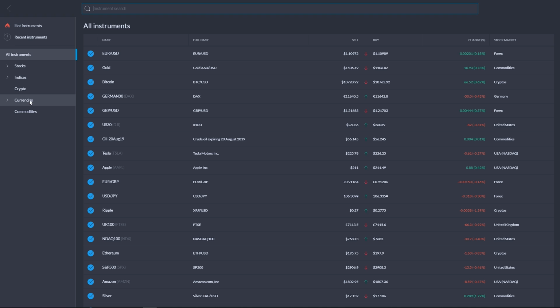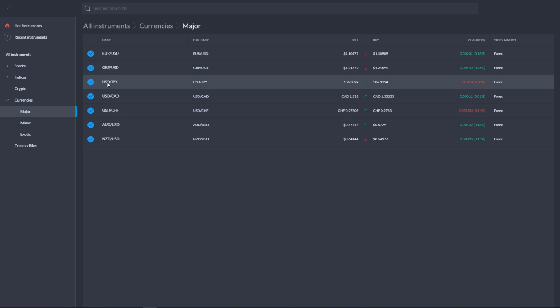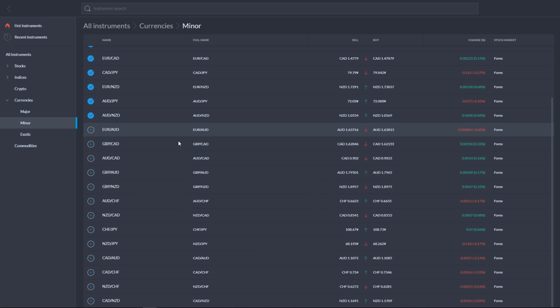So we click on currencies, then we have these three groupings: major, minor, exotic. If we click on major, those are the major currencies that we've just been talking about, and you can see included in there is New Zealand dollar against US dollar. If we click on minor, then we're going to see our currency crosses. And there's a long list of currencies in there.